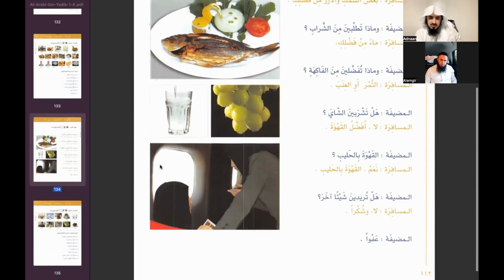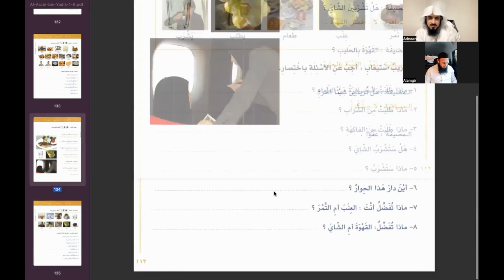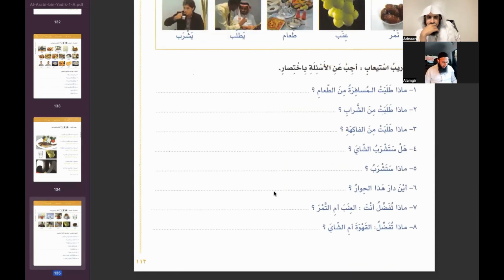No, well, can you see the window here? The aeroplane. Oh, yeah. في الطائرة. In the aeroplane.